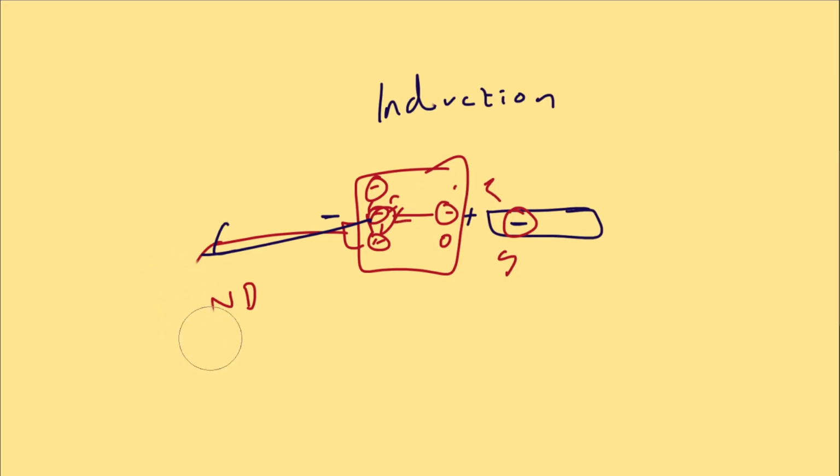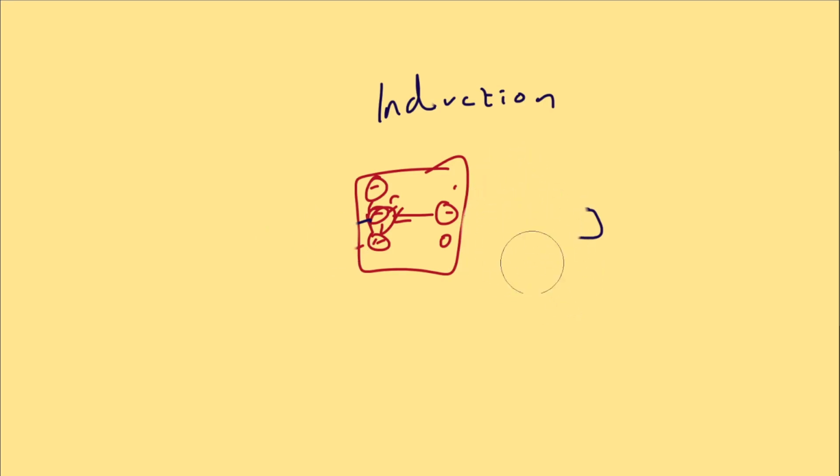Now, if you lift your finger or remove this cable to ground, and then you remove the rod, what happens? When you lift your finger or disconnect this side, the excess electrons are gone. When you remove the rod and the positive side is still there, the metal object is now left with a net positive charge.